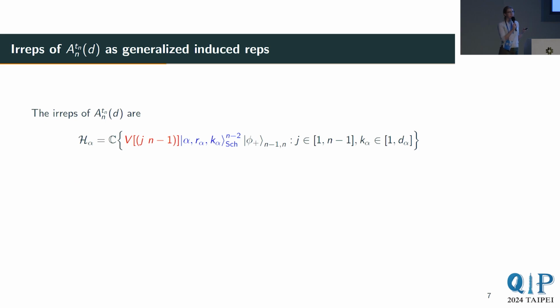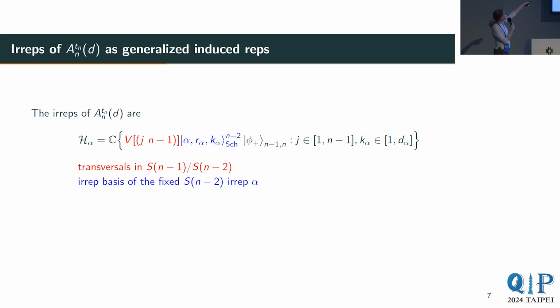Back to port-based teleportation and the algebra of partially transposed permutation operators. So it turns out that the algebra of partially transposed permutation operators has some E-reps H alpha, which can be written this way. First, as a permutation J n-1 acting on these states, which are composed of, in blue, E-rep basis states of S n-2. So these are Schur basis states labeled for some E-rep alpha, together with maximally entangled states between n-1 and n.